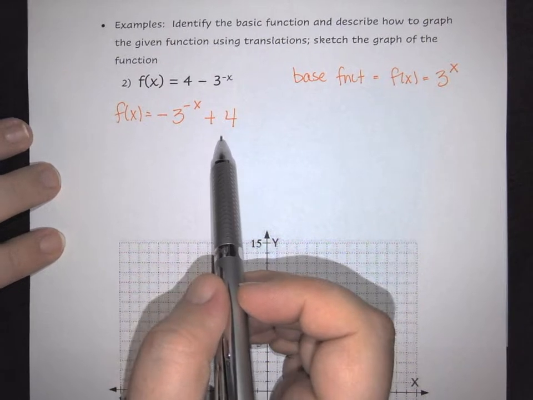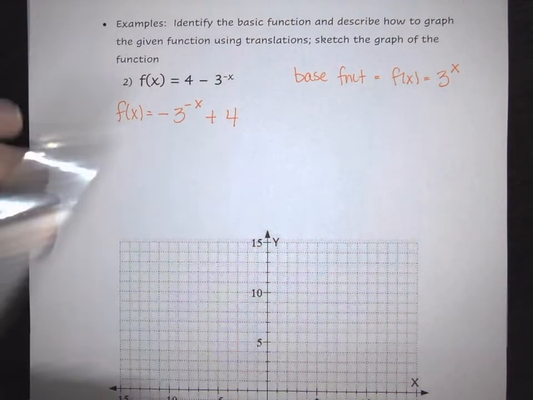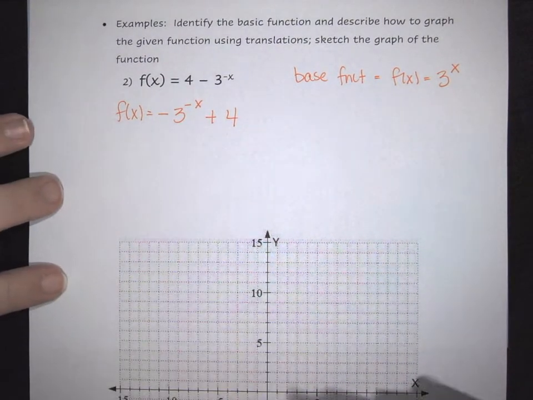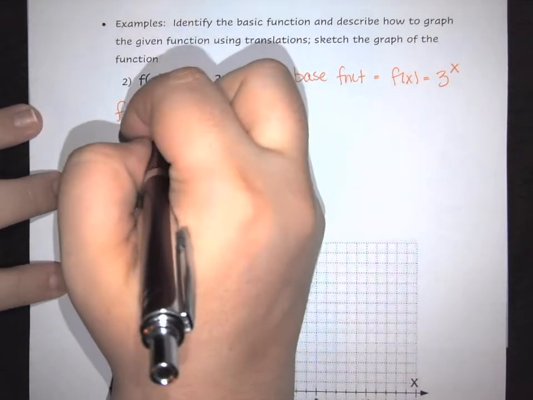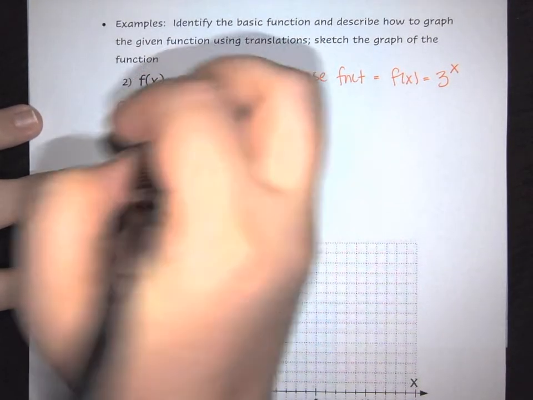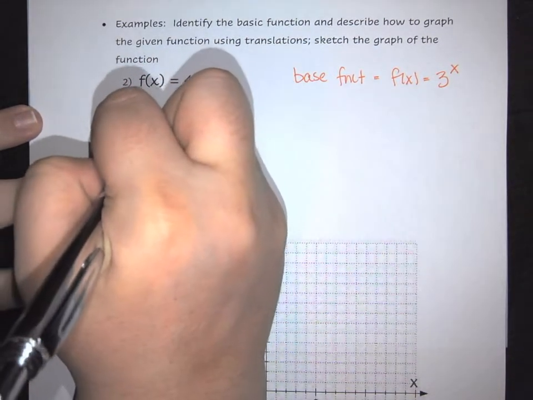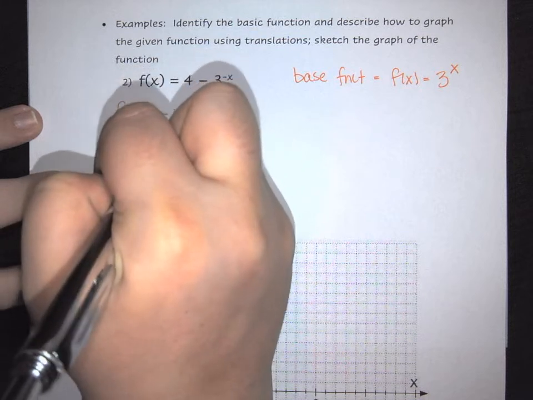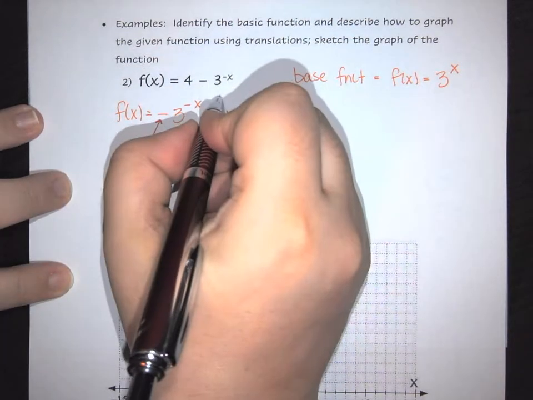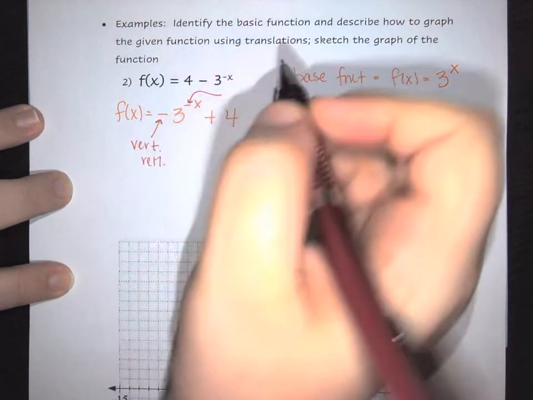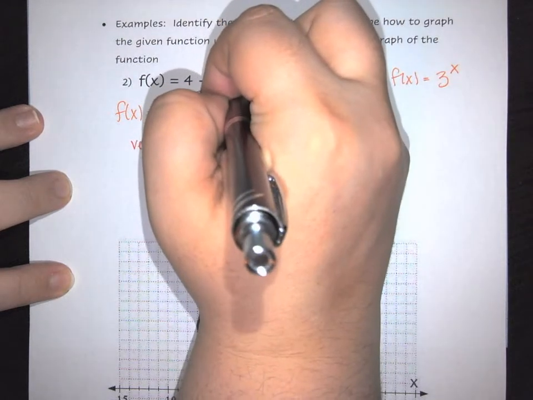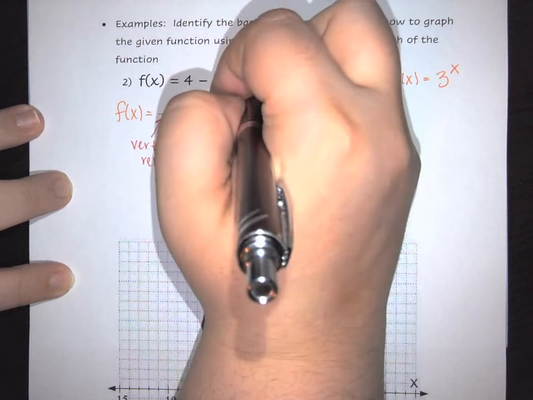So what this tells me is that the base function that we have is an exponential function. So I'm going to follow and use some exponential rules. First of all, one of the things that tells me is that the negative out in front has to deal with my vertical reflection, and the negative up in my power has to deal with the horizontal reflection.